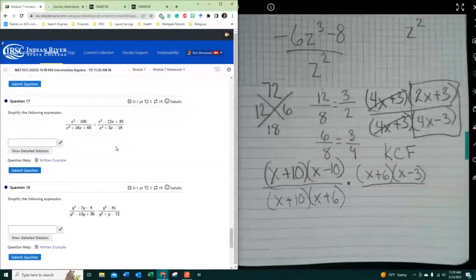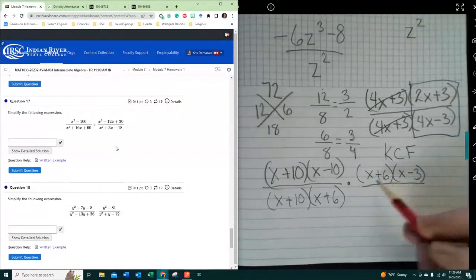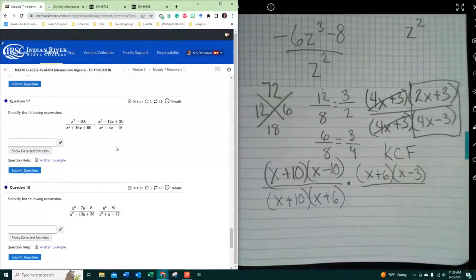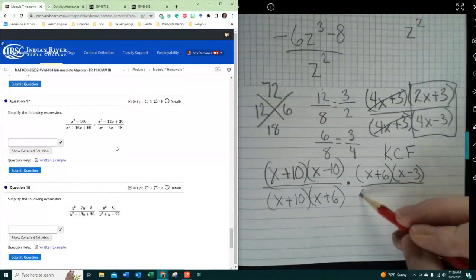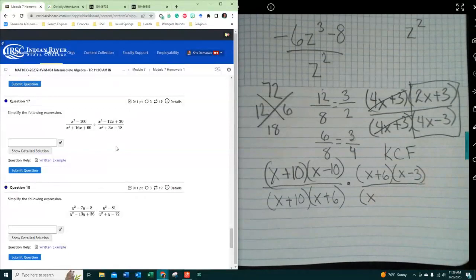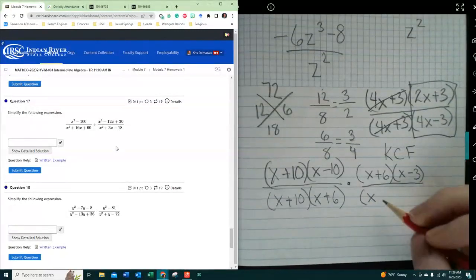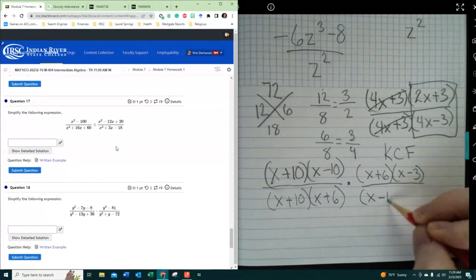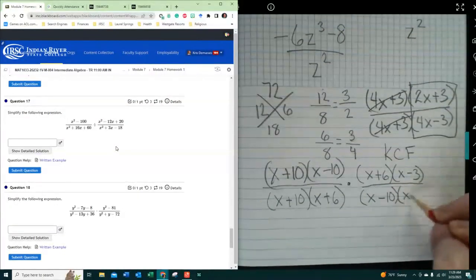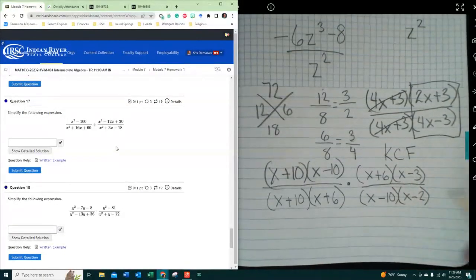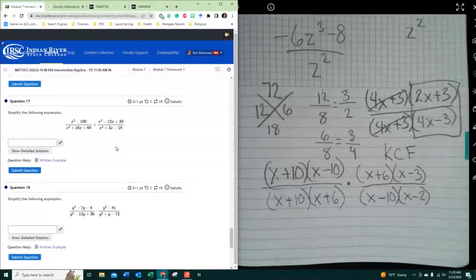Notice this, I was focusing on the negative 18 and then the 3. So that's why I factored it on the numerator. Now I'm looking at the numerator and making it become the denominator. So I'm going to go ahead and factor that. What two numbers multiply together to create 20 to add up to negative 12, and that would be negative 10 and negative 2.